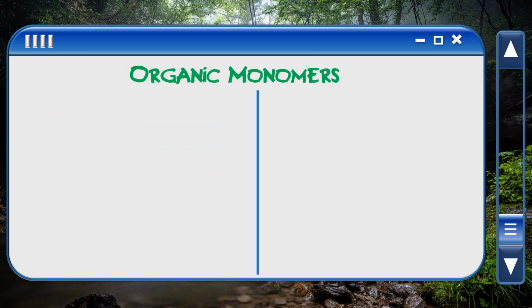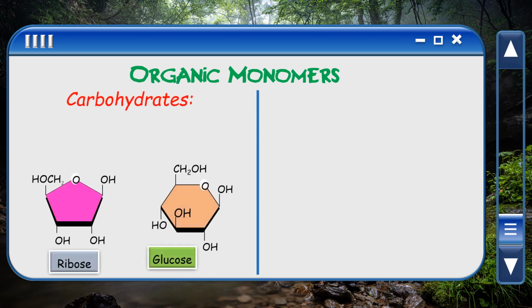Now let us look at organic monomers. Now, we have our carbohydrates. The monomers of carbohydrates are the monosaccharides. Monosaccharides are the monomers of the carbohydrates, meaning that they are the subunits. For example, here we have glucose.